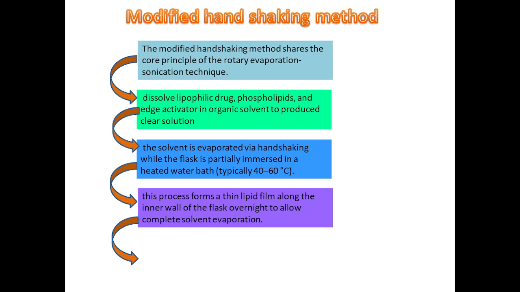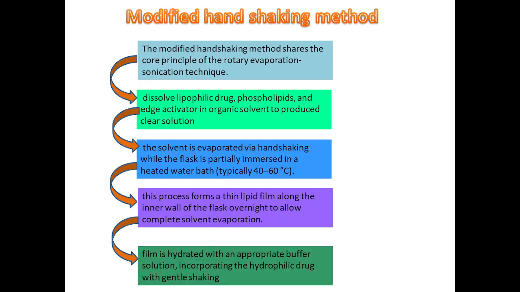This process forms a thin film along the inner walls of the flask. It is kept overnight so that there will be complete evaporation of solvent and the thin film is produced inside the wall of the flask.